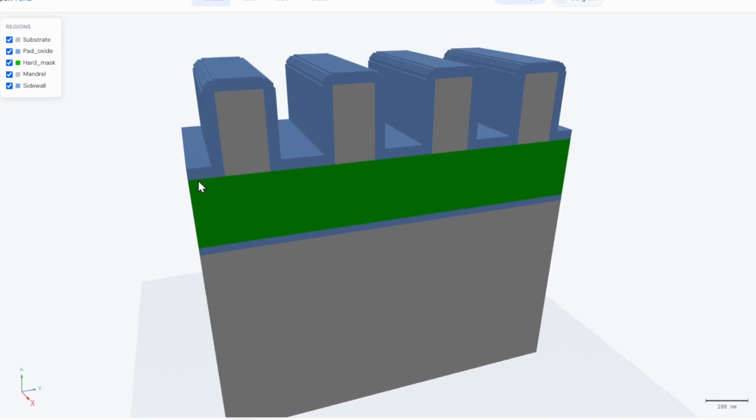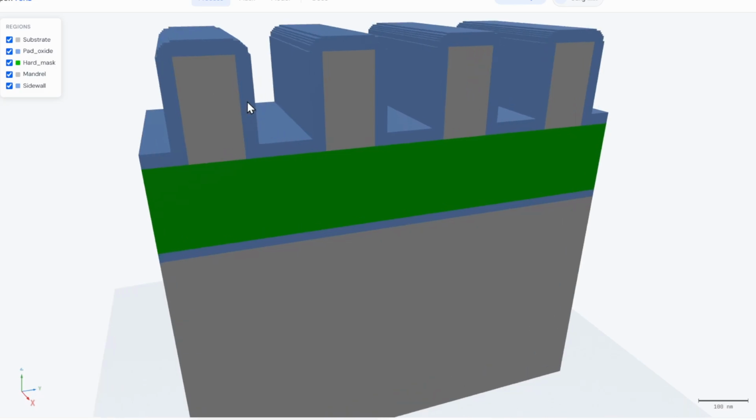That means that previously we had a remaining mandrel, and if we deposit in an isotropic way, then we will have oxide just on top of this mandrel and on top of this bottom silicon nitride. But you can see that there is also silicon dioxide deposited on this vertical wall.